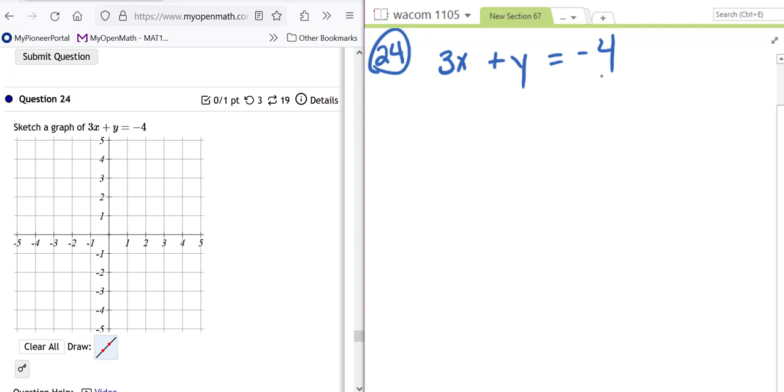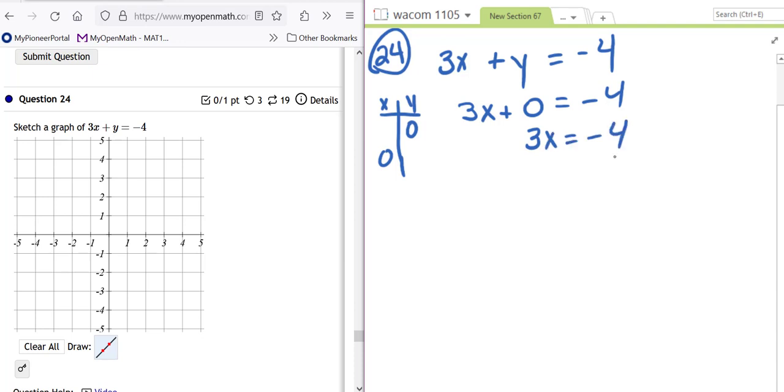If I try intercepts, because x and y are on the same half, put 0 for one and then switch and put 0 for the other. If you put 0 for the y, this is the one that's going to give you a fraction. This goes out. You have 3x equals negative 4. Divide by 3.